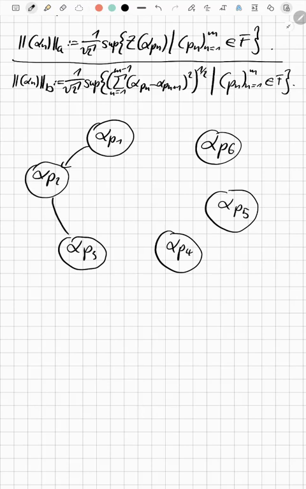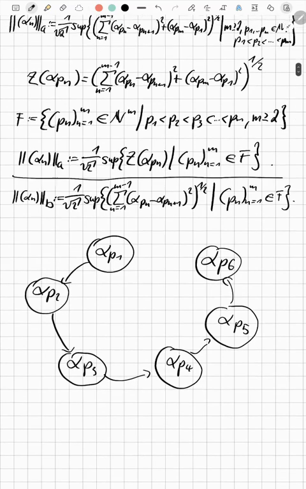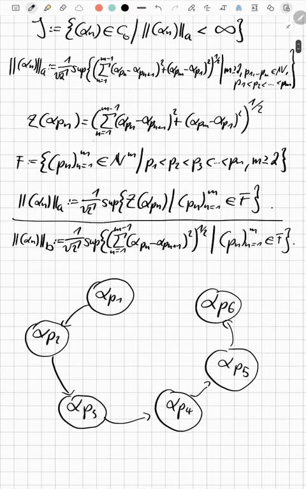So this is just our finite subsequence. And then we add in this sum right here of our Z's, here we add the differences of these alpha pn's and alpha pn plus 1's. And then at the very end, we add alpha pm minus alpha p1.